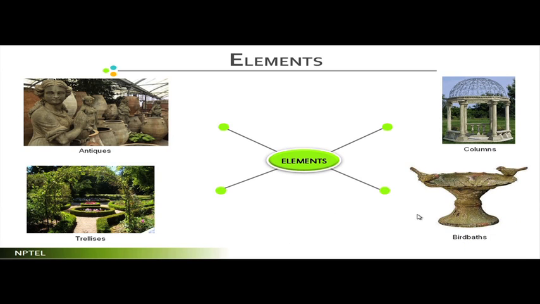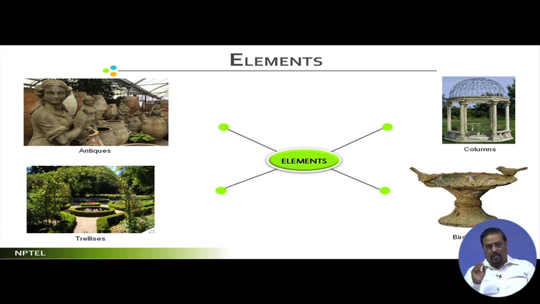Then another element which has come in, which has almost become a very important element of contemporary landscapes for ecological balance, is called a bird bath. Here they have introduced the bird bath. This is one container in which there will be water, because if you want to attract birds, in the landscapes, first of all you have to give good quality of vegetation, and the vegetation also should have some kind of fruits which the birds can eat.